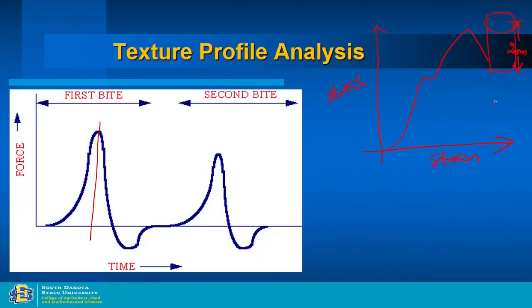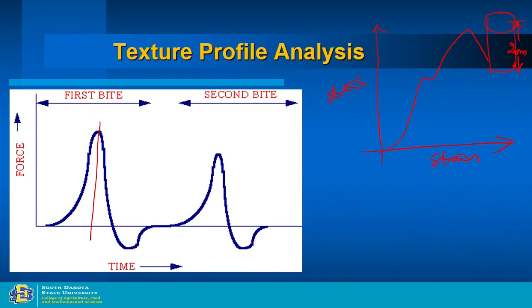In texture profile analysis, you cannot even think about going more than 30% or 40% deformation, because once it ruptures, you don't get the profile. Make sense? If it ruptures, then when you release it back, you don't get this kind of nice profile.